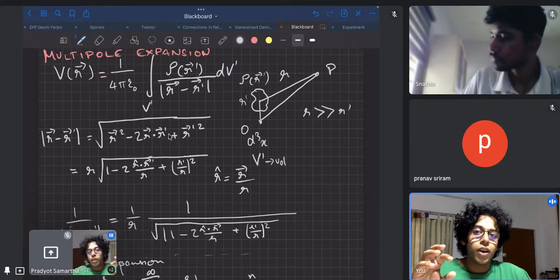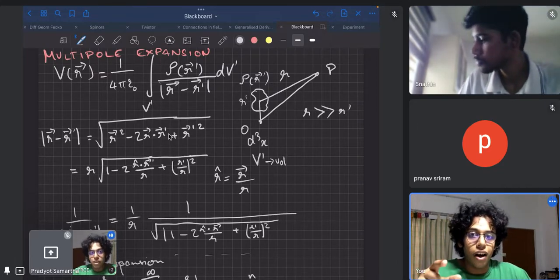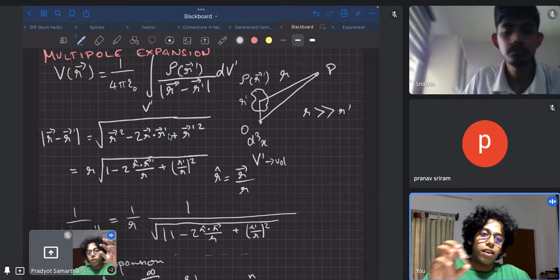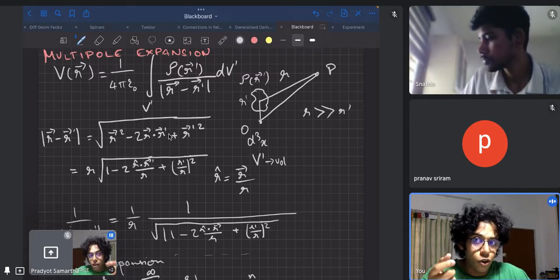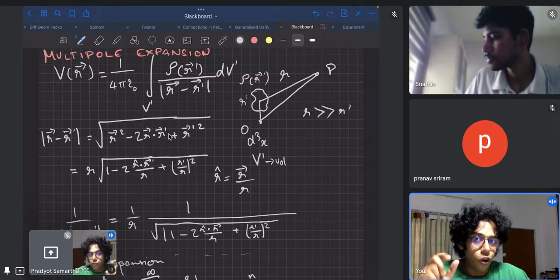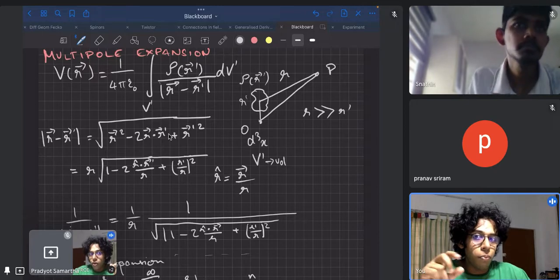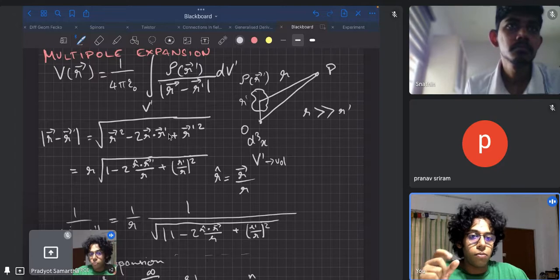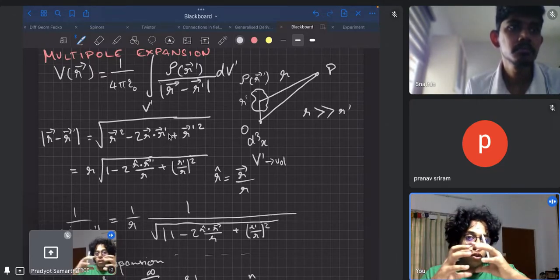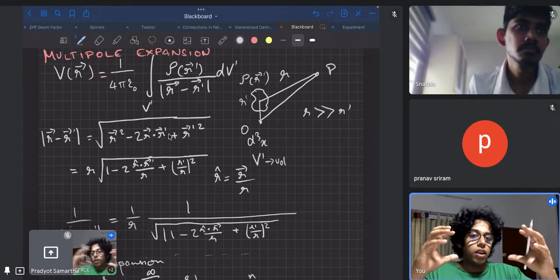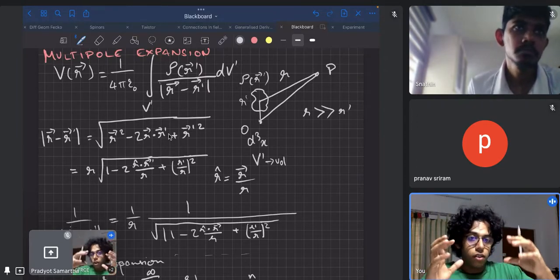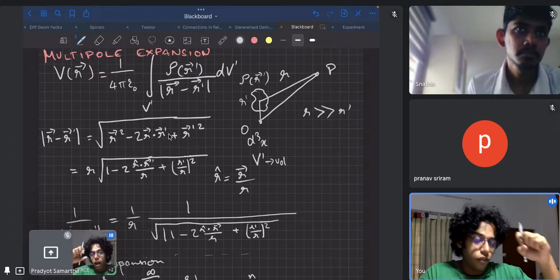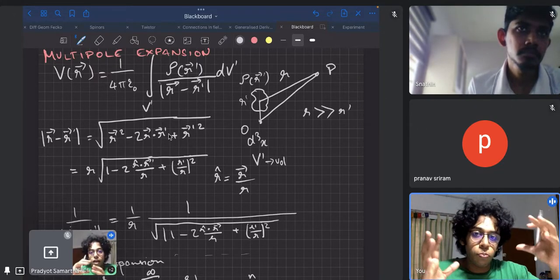So you need to express r minus r prime in terms of your n, because r is very different compared to r prime, but you want to express this in terms of an infinite number of charges located within that particular volume.